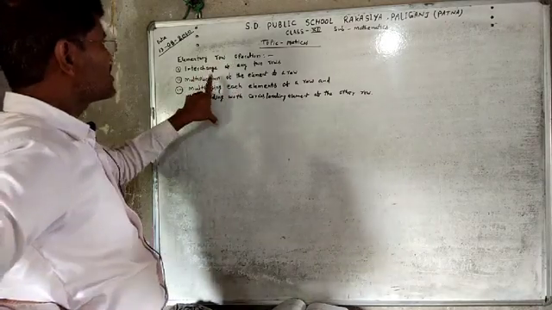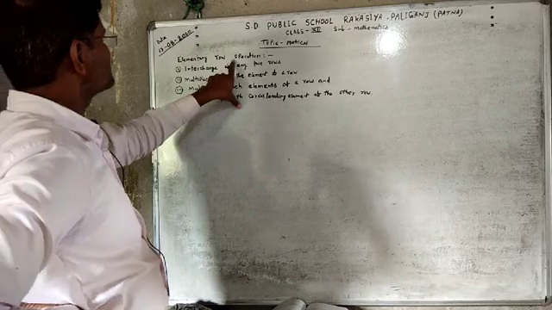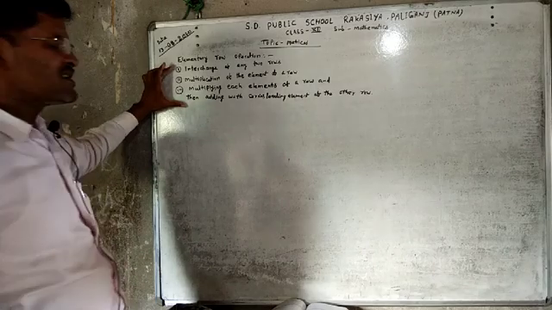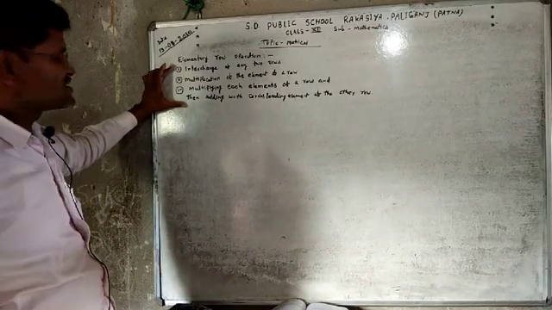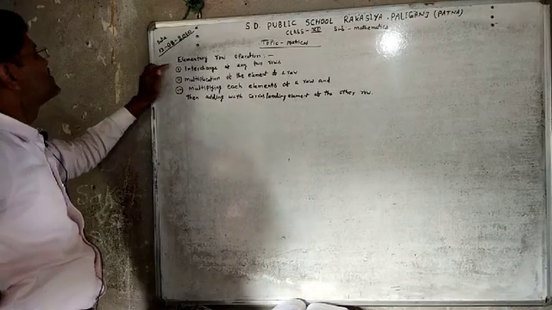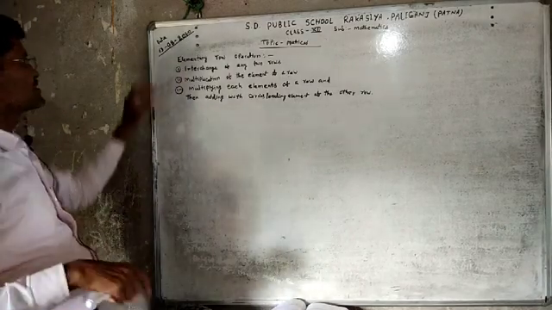If we operate only on rows, then this operation is called row operation, and if we operate only on columns, then this operation is called column operation. First of all, we learn about elementary row operation.